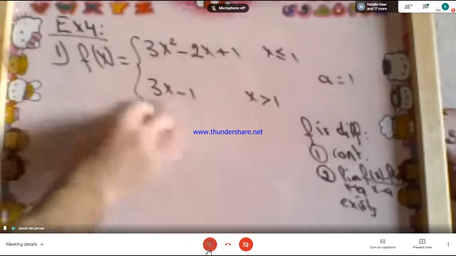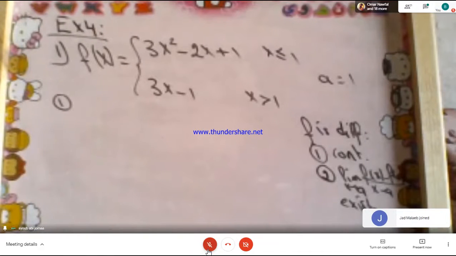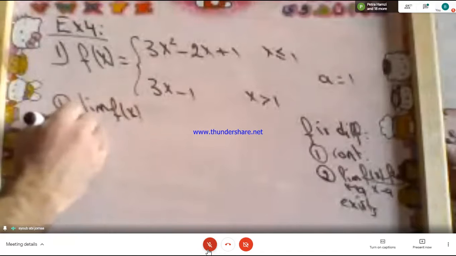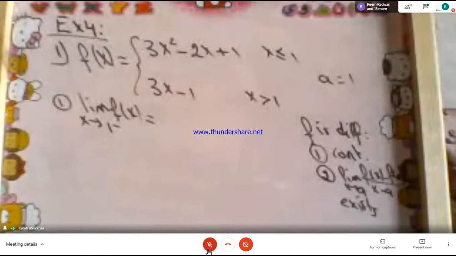For the first condition, the continuity, to check if the function is continuous or not, I remind you, the function is continuous if the function is defined at 1 and the limit as x approaches 1 is equal to f of 1.